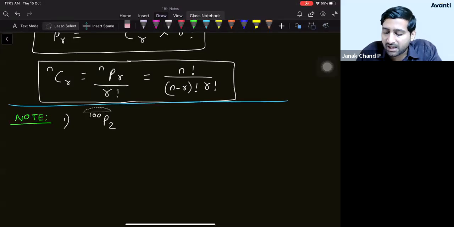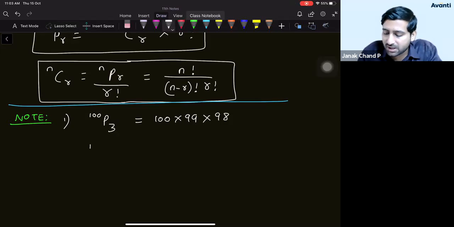So if I ask you what is the value of 100 P2, I hope you remember that 100 P2 is nothing but multiplication starting from 100 and then multiplying two numbers. Instead of this, if there was an NP3, same thing, you start with this and then multiply these many numbers. So in this case, you will say into 98.